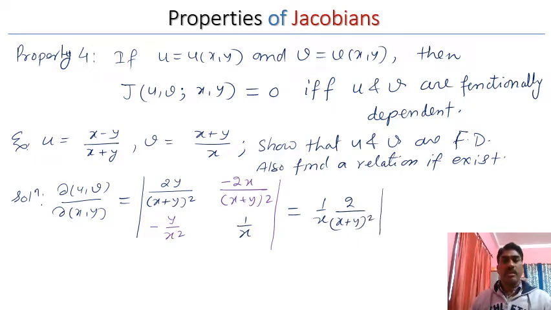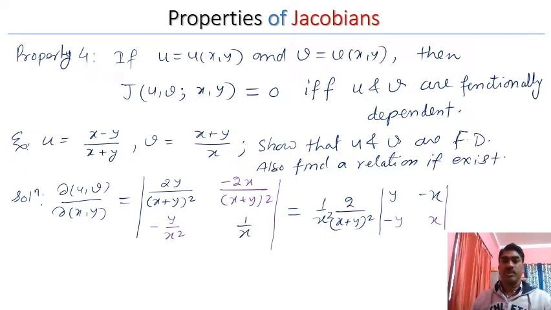So with 2 by (x plus y) square taken common, here left is y, and in the next term this is minus x, and then here it is better to take 1 by x square as common. So here this will be minus y and this will be x. So you can see that yx minus yx, this determinant is 0.